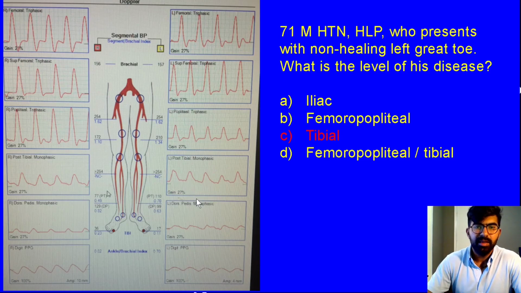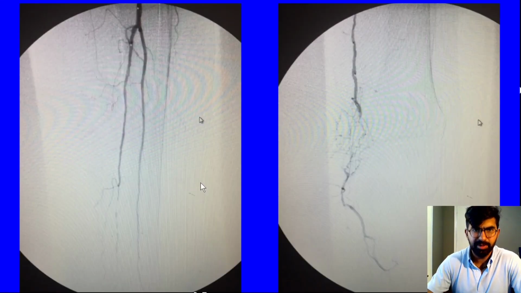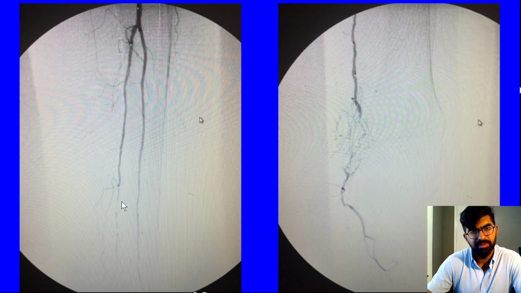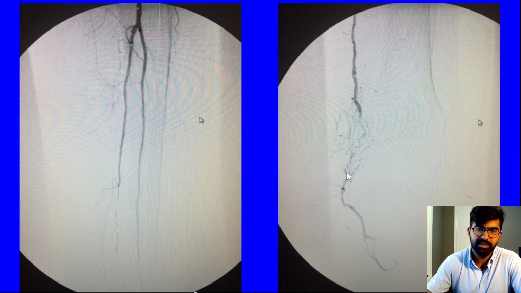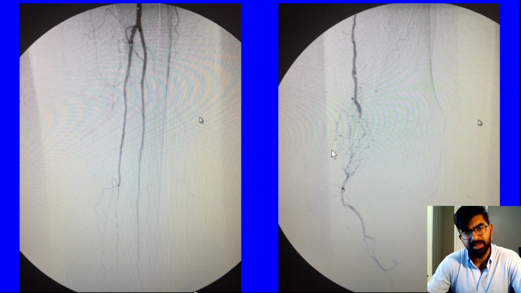And to prove it to you on this gentleman, you look at the angiogram, you see the popliteal artery, you see the peroneal, you see the PT on the left leg, and as you go down, you do see that the posterior tibial artery really is occluded pretty significantly at the level of the ankle.